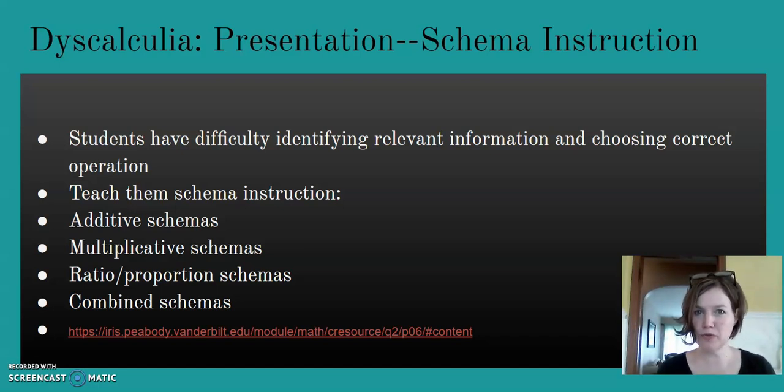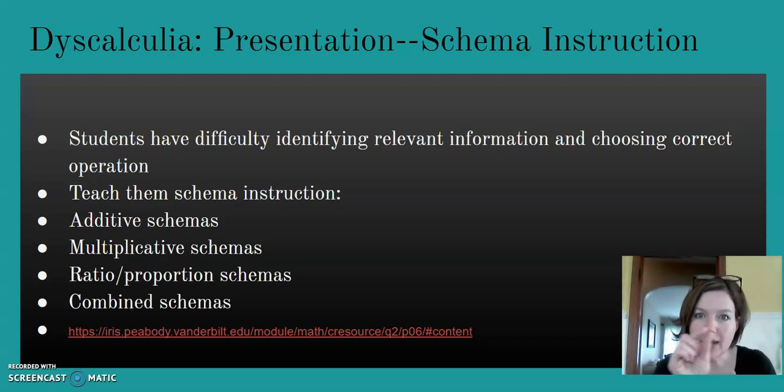We as teachers, sometimes we try to teach the catchphrases or the little words like all together and remove to help students to say, okay, I see all together. This must be an addition problem. And this is a way to teach 4 different structures that word problems can fall into.